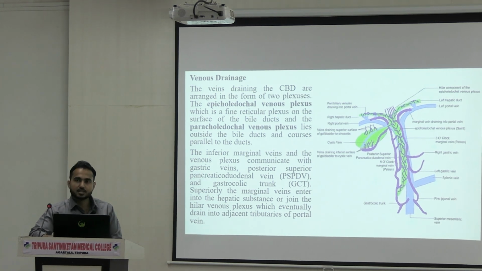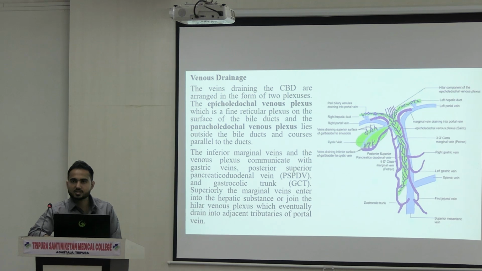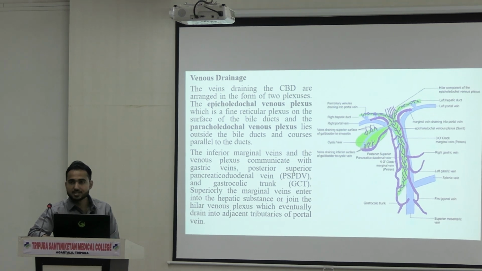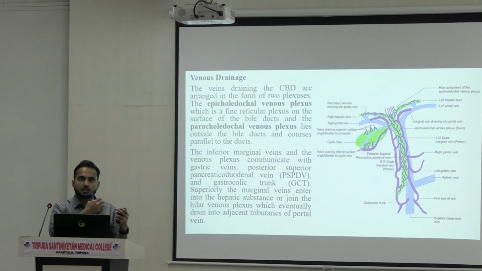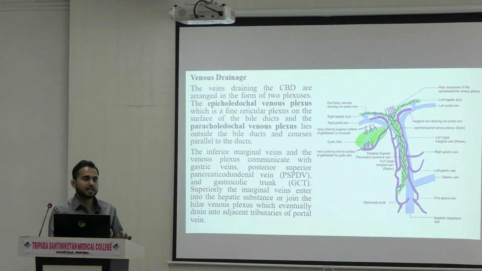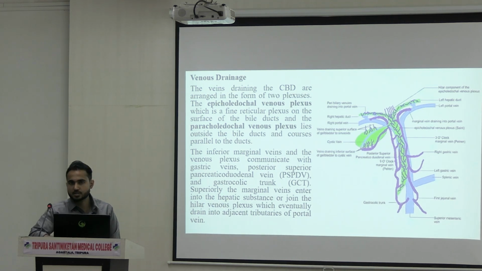The epicholedochal venous plexus is present at the surface, and the paracholedochal venous plexus lies outside the ducts, situated parallel to the common bile duct. So mainly the venous blood is drained by these two venous plexuses.